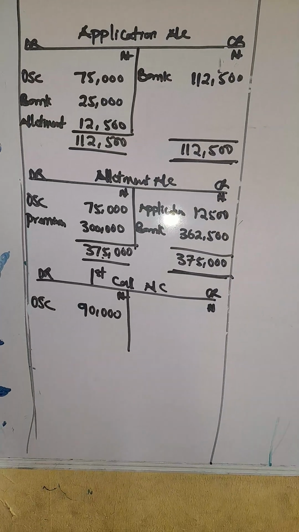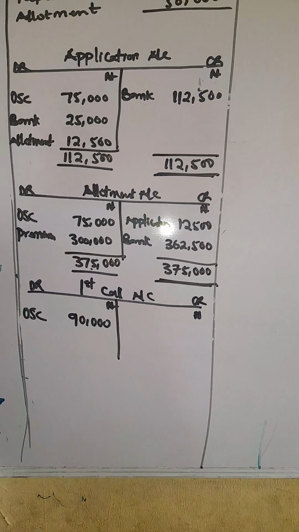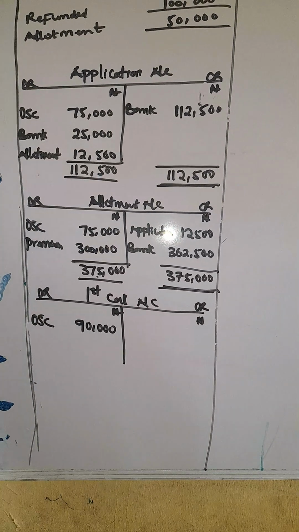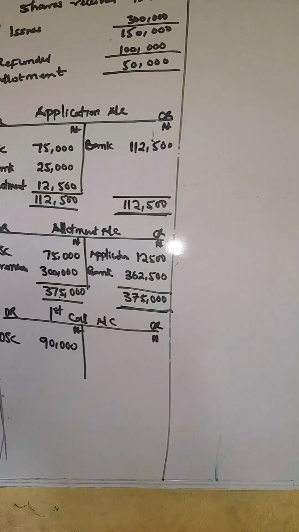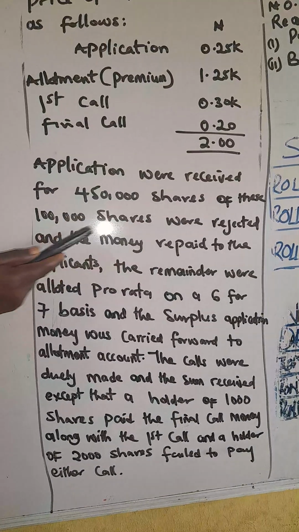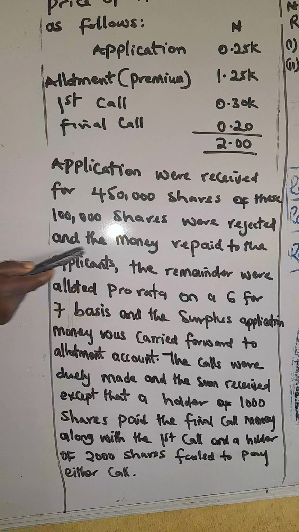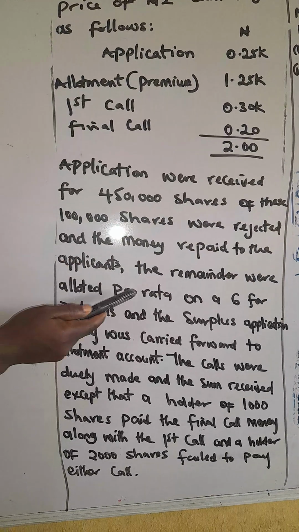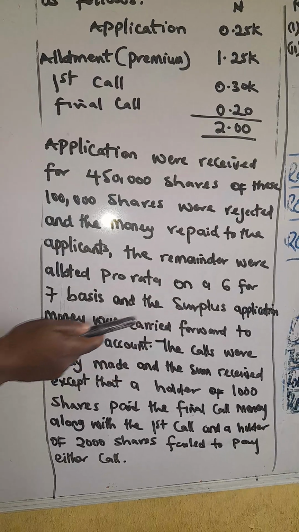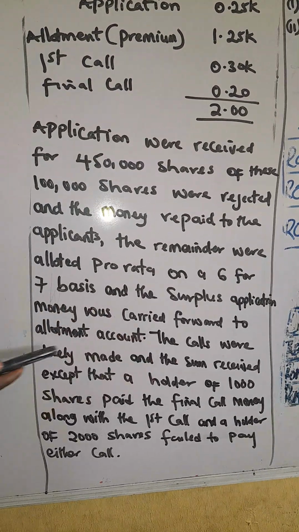Then let's see, do we have calls in arrears? Of the 300,000 shares that were issued, did all the applicants pay for the shares? Let's find out. Applications were received for 450,000 shares. Of these, 100,000 shares were rejected and the money repaid to the applicants. The remainder were allotted pro rata on a 6-for-7 basis, and the surplus money was carried forward to the allotment account.